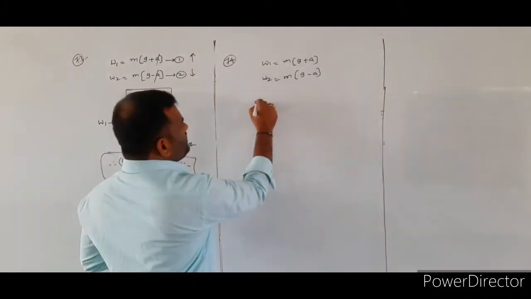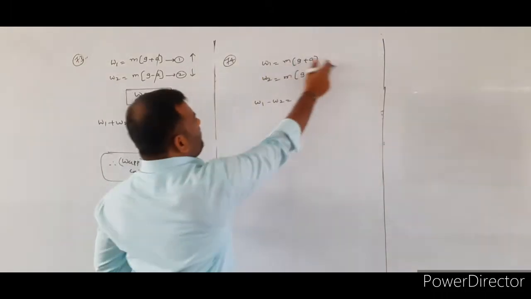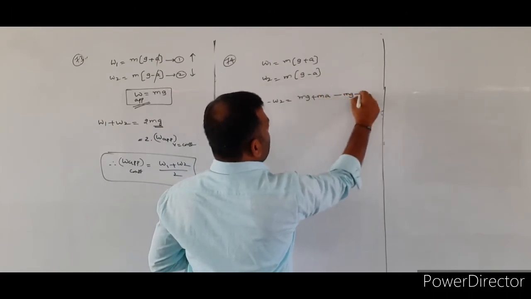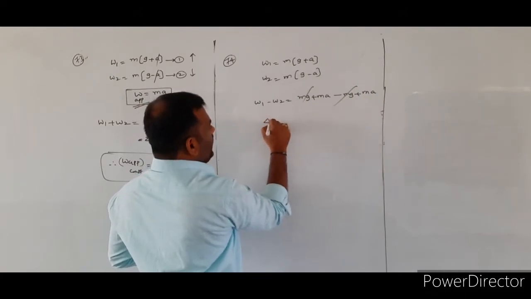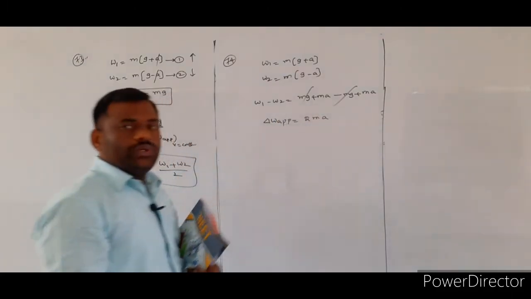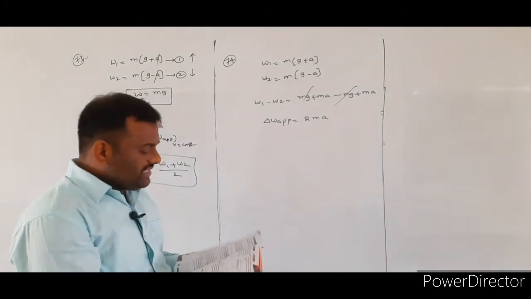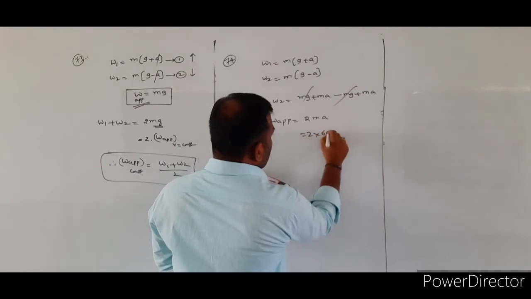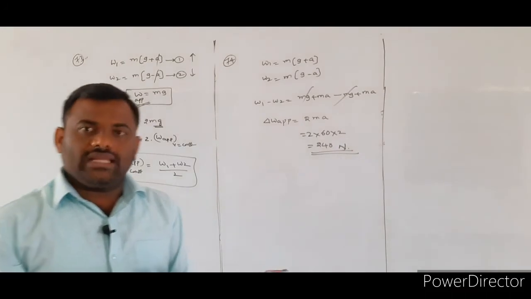So the change in apparent weight is equal to mg plus ma minus mg, and minus of minus is plus, so you will get 2 into ma. The values given: mass is equal to 60 kg, acceleration is equal to 2. So that is equal to 2 into 60 into 2 newton. This is the change in apparent weight.